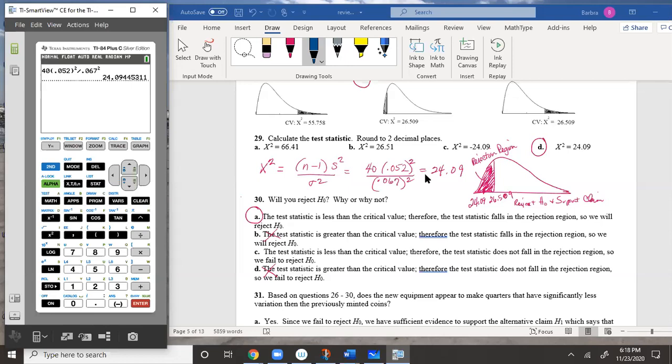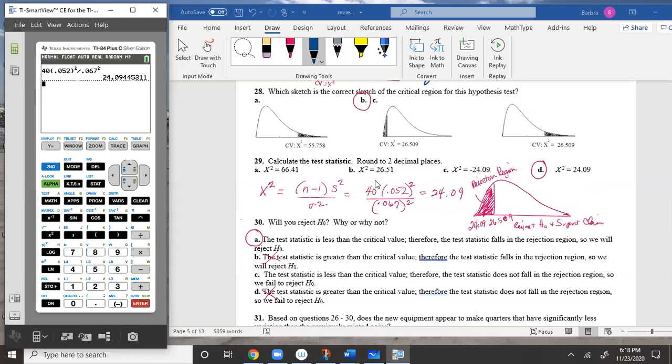That is our test statistic. Now it's asking us if we're going to reject the null or not, and notice we're not using the p-value in this problem. We're actually using the test statistic to form a conclusion. So to use a test statistic, we have to compare it with the critical value that we got in number 27. I just drew my sketch again, where it shows the shaded region bounded by the critical value of 26.509.